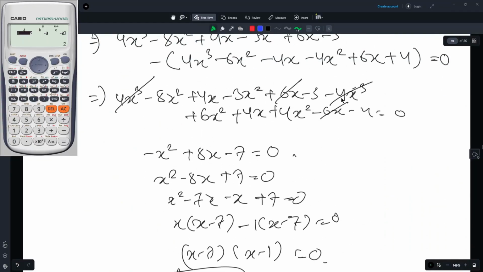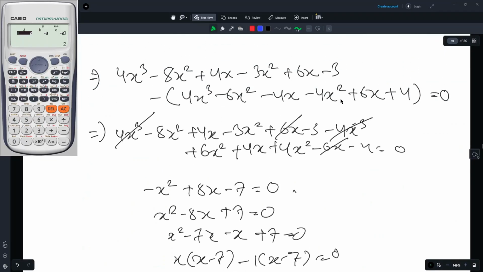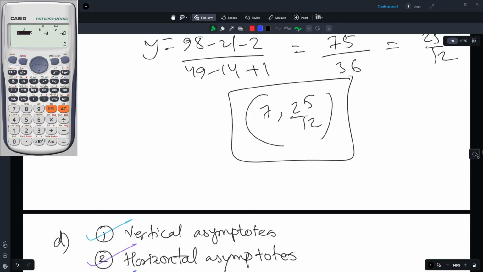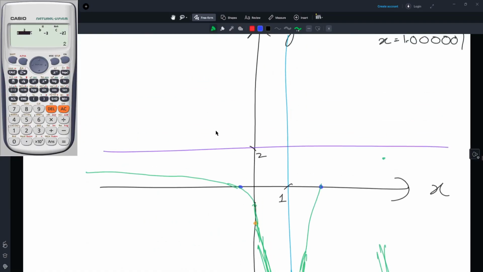Is it? 7 and 25 by 12. So it means it is supposed to be 7 and 25 by 12.